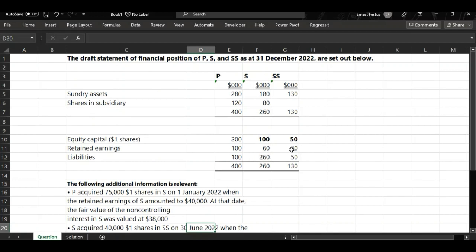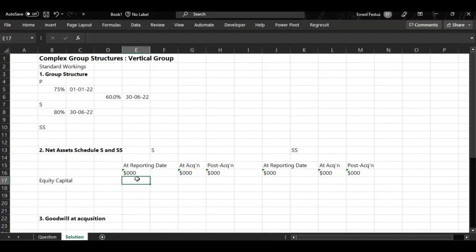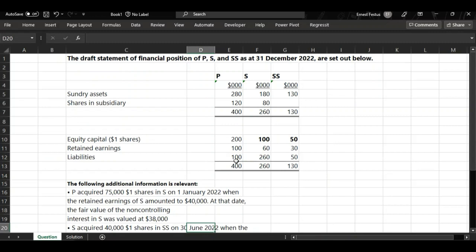And then the retained earnings are 60 and 30 respectively. So we have the retained earnings there.